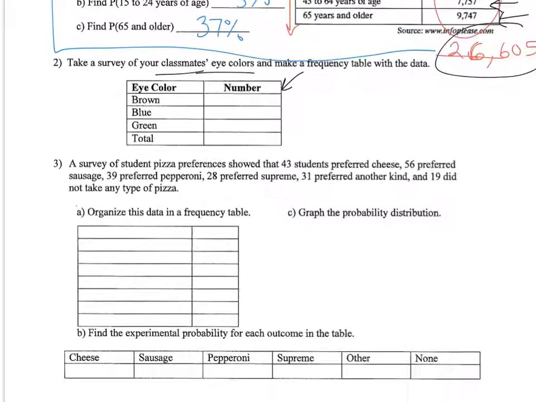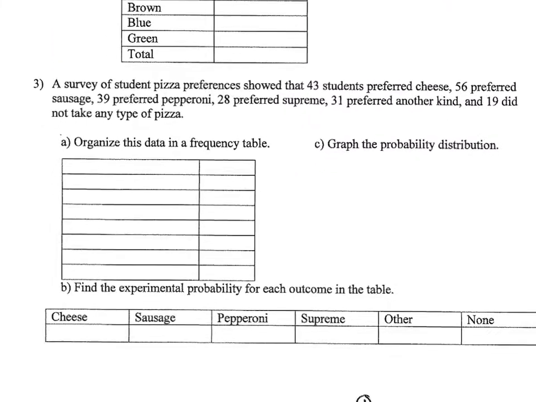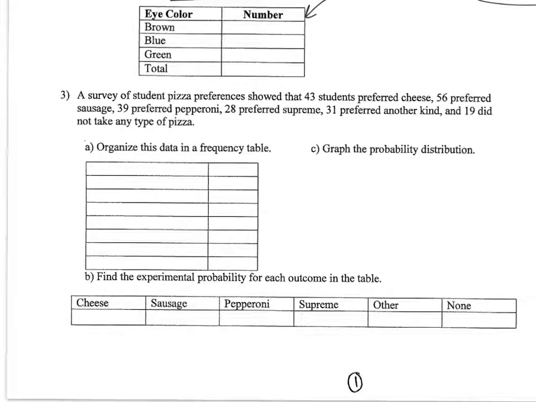And then number 3, we're going to organize this into a frequency table. So a survey of student preferences showed that 43 students preferred cheese, 56 preferred sausage, 39 pepperoni, 28 supreme, and 31 another kind, and 19 did not take any type of pizza. So organize the frequency table.